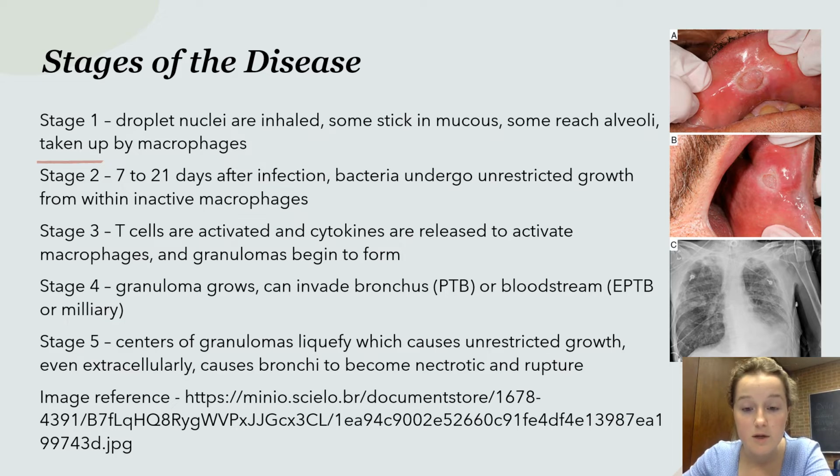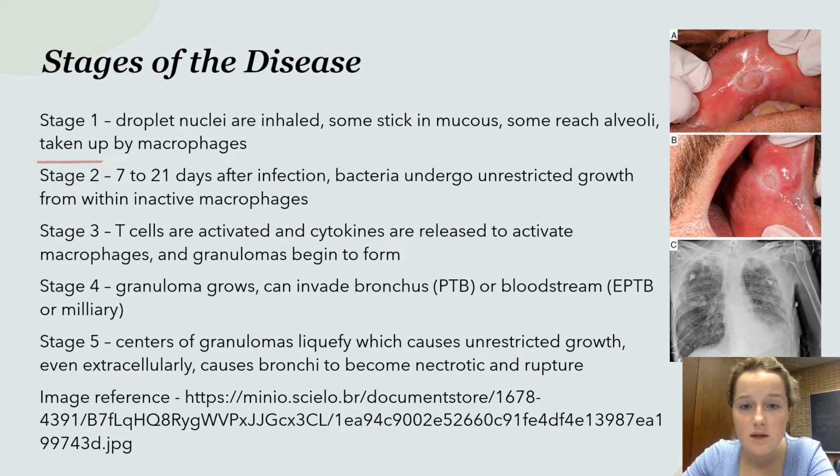So they are kept under control, and for latent TB, this is where it ends. You can have these granulomas for your whole life. So you could have dormant TB cells after infection for your whole life, but you are no longer contagious because they are encapsulated in these granulomas.